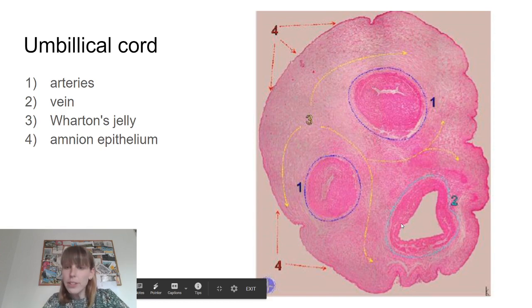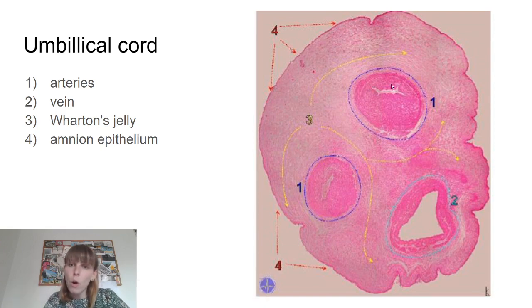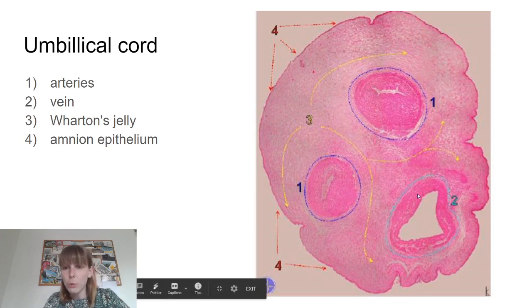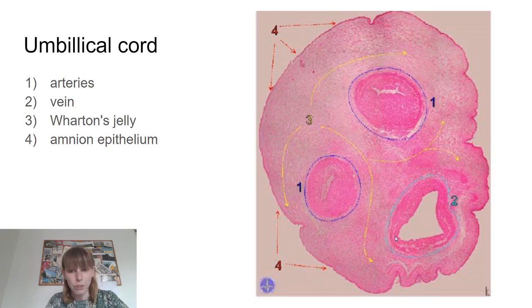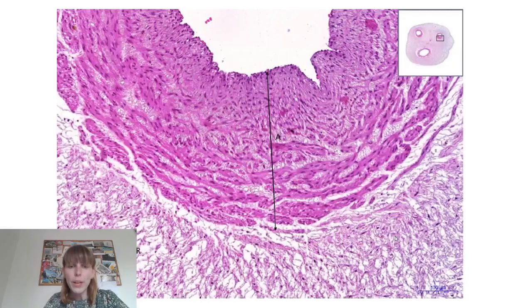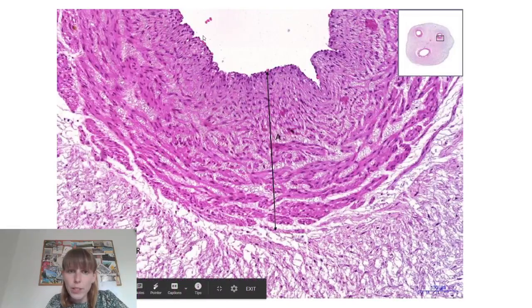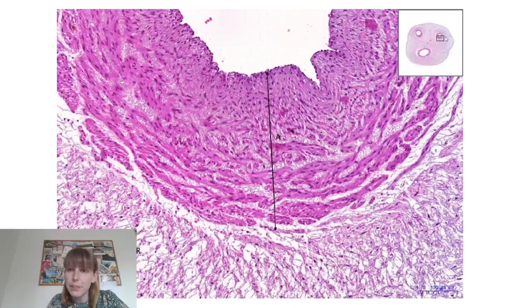And the arteries, they have thicker wall and they are more rounded. They have more smooth muscle in the wall, and the vein will be more collapsed with a thinner wall in general. So this is what it will look like from a close-up. So this would be a section of the wall of one of the arteries. You can see here that we are aiming for the eye of the smiley face, not so smiley in this case.